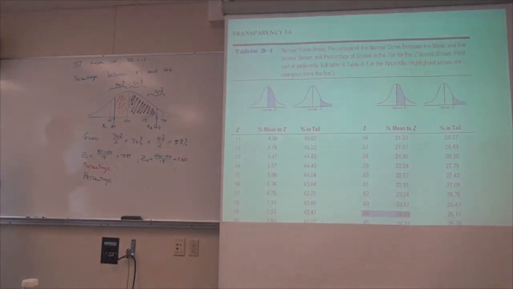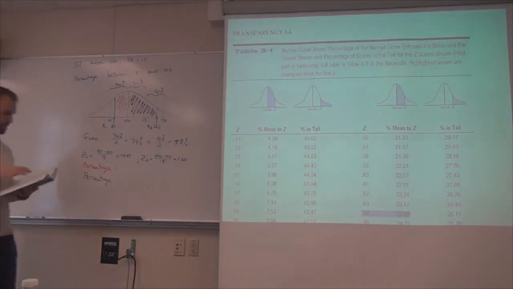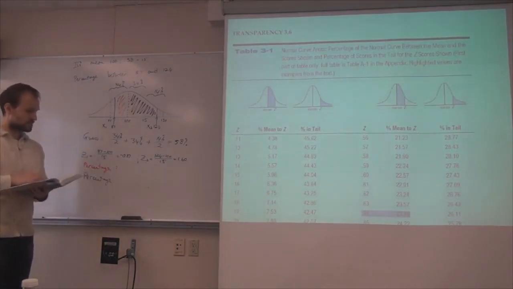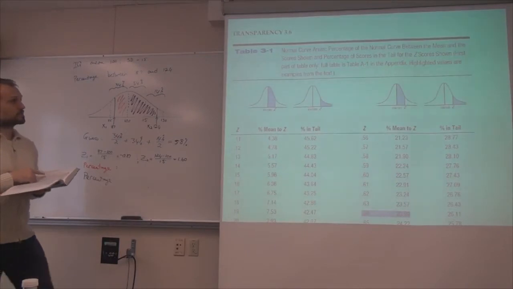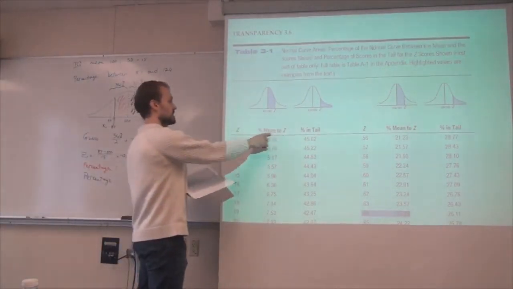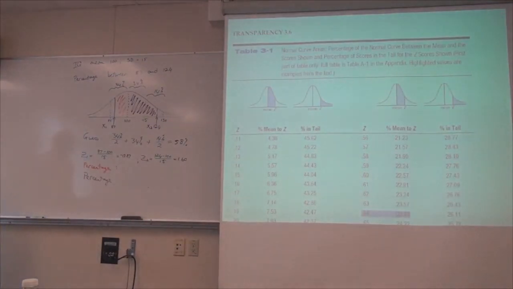What is the z-score that I'll look up in the table? 0.87. 0.87 is on page 674. I'm looking at the middle, the percentage mean to z. 0.87, 30.78.